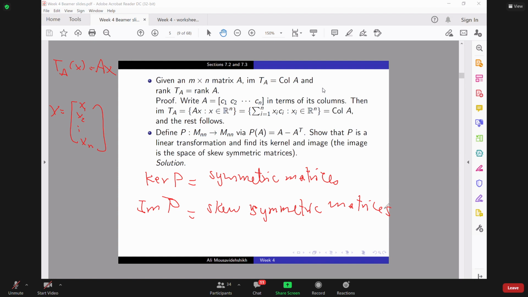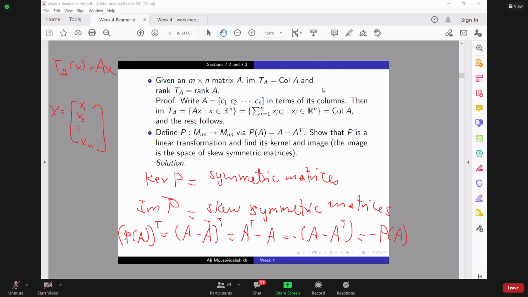Exactly, A transpose equals A, which is symmetric. And to see why the image is skew symmetric matrices, look at P(A) transpose for a second. This is (A minus A transpose) transposed, which becomes A transpose minus A, which is minus (A minus A transpose).